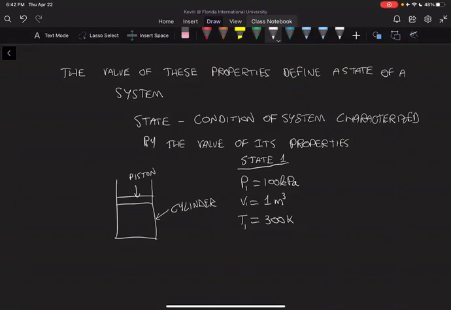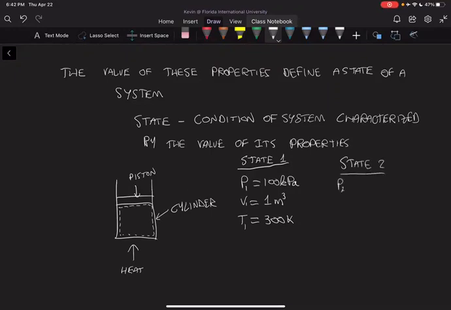And then let's say we start adding heat to the system. Let's say we start adding heat from the surroundings to the system. What's going to happen is we're going to have our control mass here. And all of a sudden, we might have state 2 with different values.